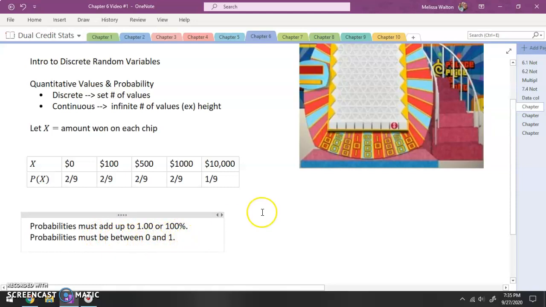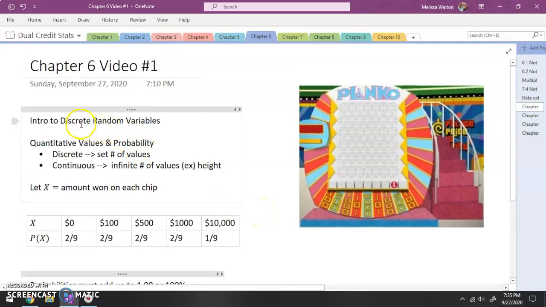All right, so overview. Discrete random variable. First off, this is discrete because it can only have a set number of values. These are the only possibilities that we could have. If this were to be continuous, this would mean that we could win any quantity, including cents. There's an infinite number of values you could win. That is not the case here. You need to name your discrete random variable.